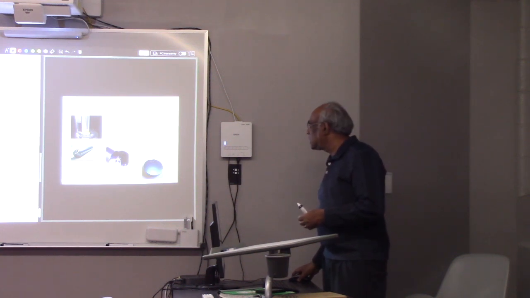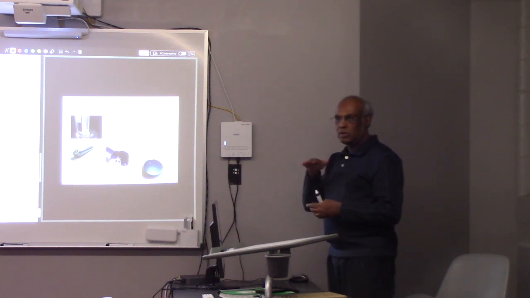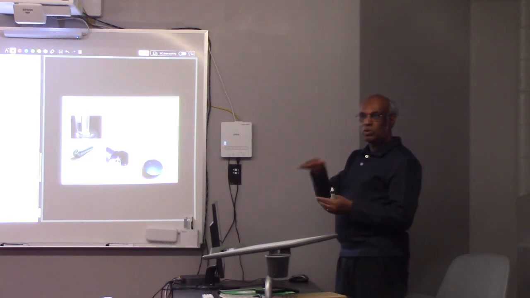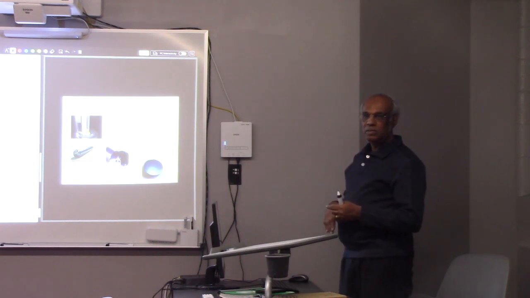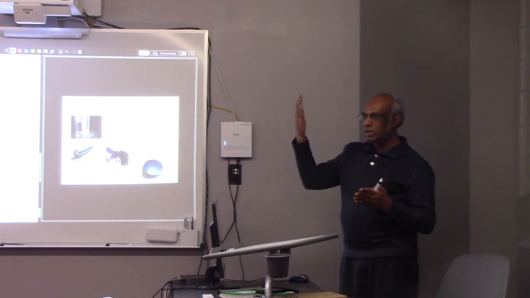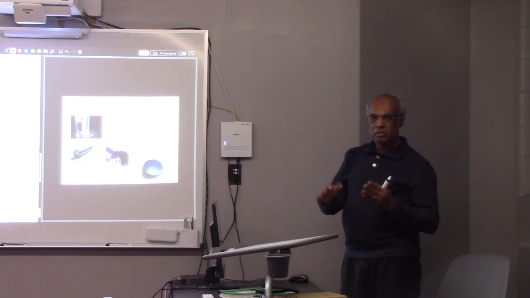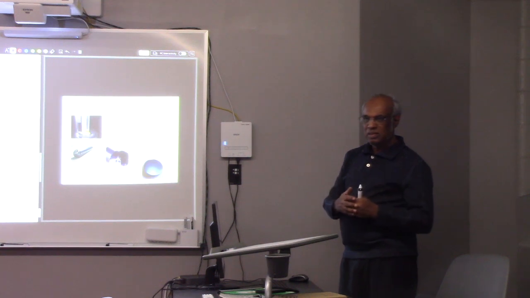You can see this cut here. That tells you the direction of the crystal. It's 110 or 100 or 111, because it depends on, I don't know whether you're familiar with these crystallographic directions, Miller indices kind of thing.